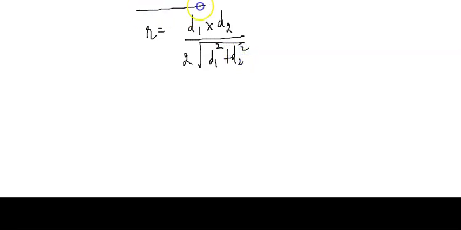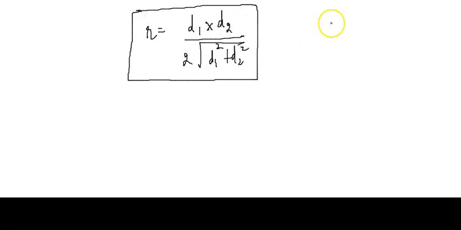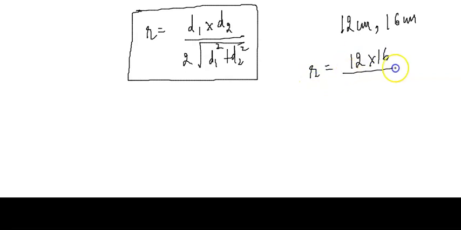That's how we calculated the inradius in that question in which the diagonals are of length 12 centimeter and 16 centimeter. So r will be equal to 12 into 16 upon 2 into the square root of 144 plus 256. So it will be 4.8. You just calculate this, you will get the same answer.